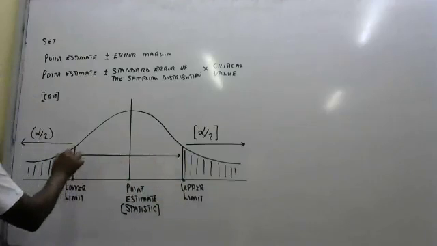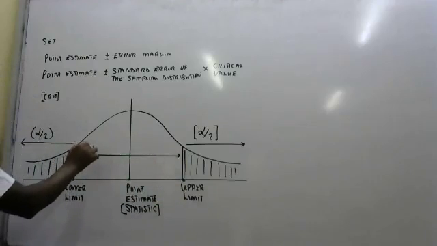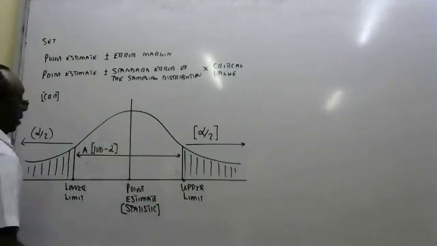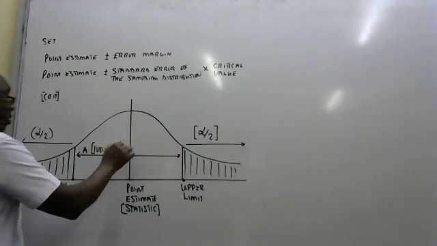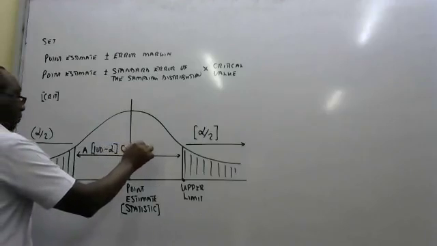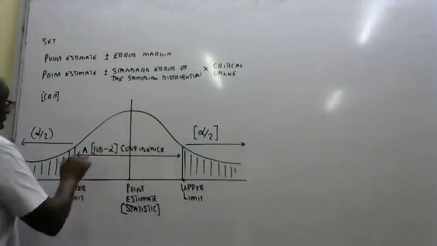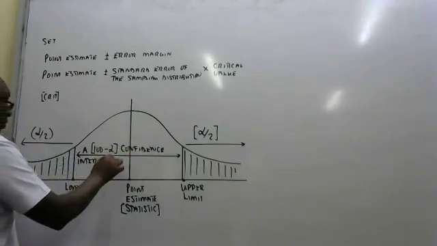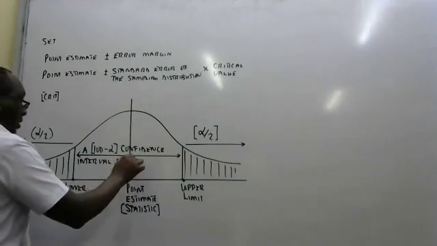And the whole of this is a 100 minus alpha confidence interval for the parameter.